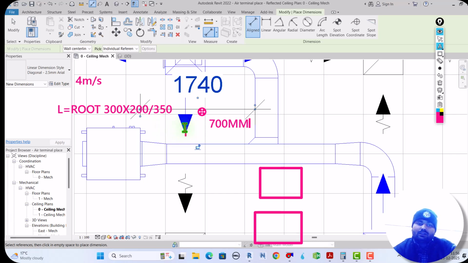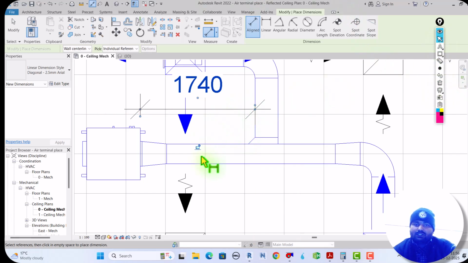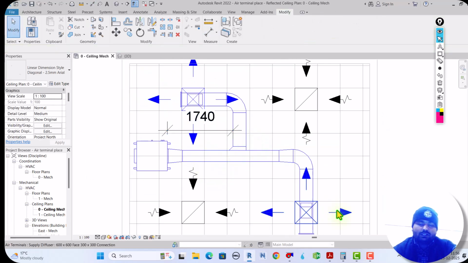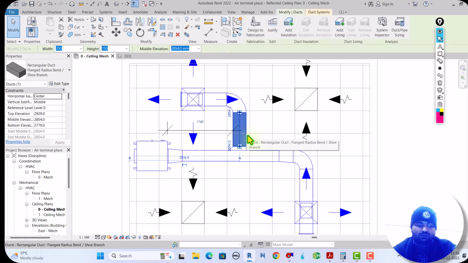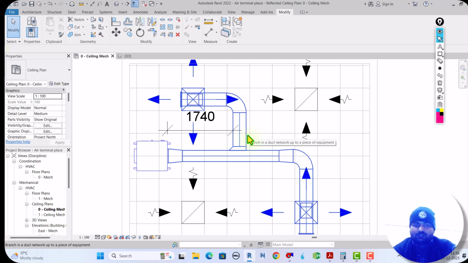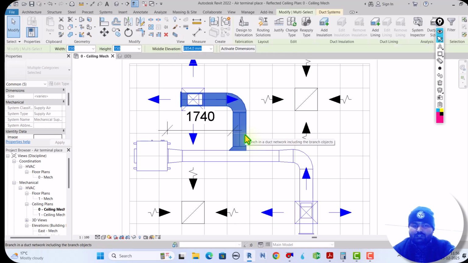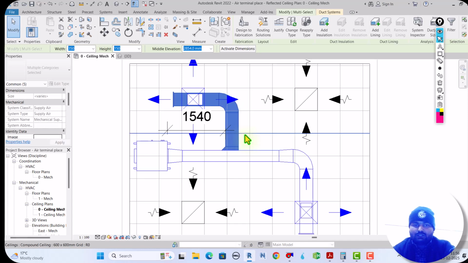Okay, so it is more than 700 mm which I take for our branch, so it is good, and as per the standard we can take. Okay, we can also, if we want, adjust this one nearer, no issue. Okay, this one we can adjust near here, and we can adjust near.